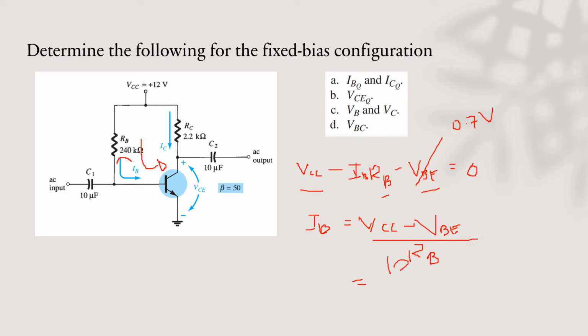So that is just 12 volts minus 0.7 over our RB, which is 240 kilo ohms.